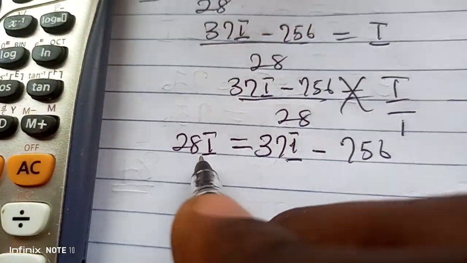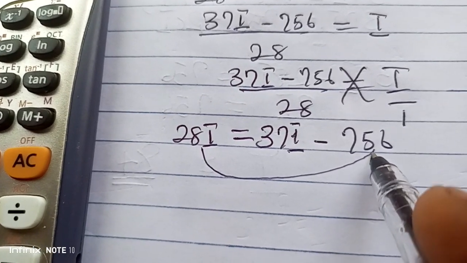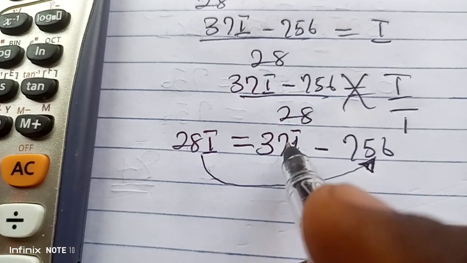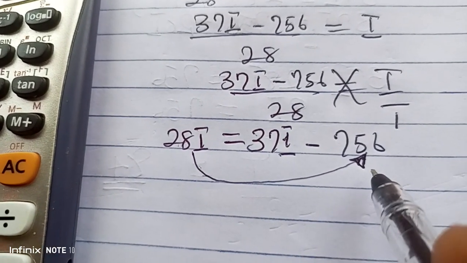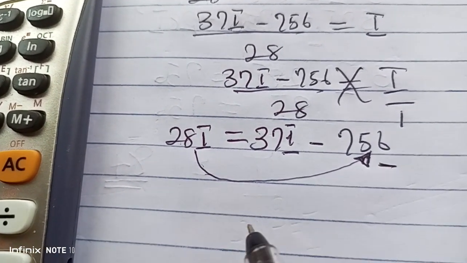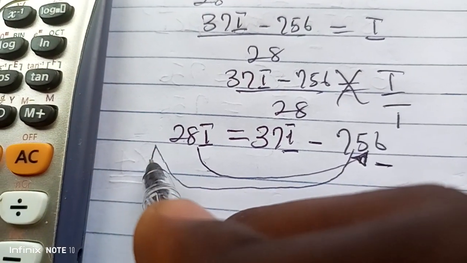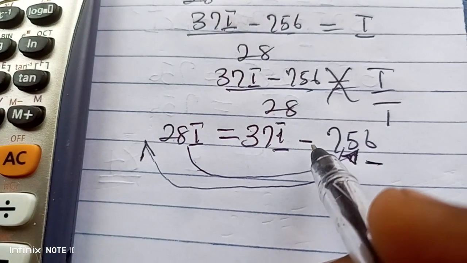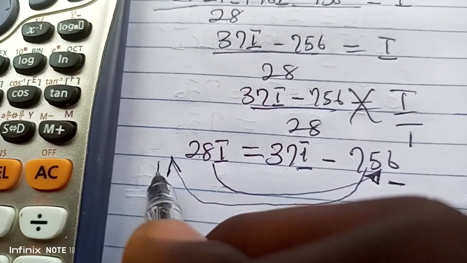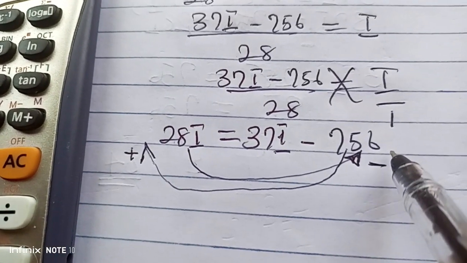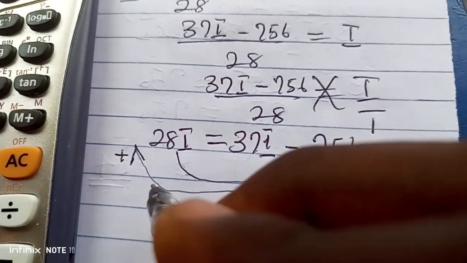So this one can easily come to this side. If 28I comes to this side, it will become negative. And this one, if it comes to this side, it was negative before, but now it will be positive. So 756 comes to this side and becomes positive.